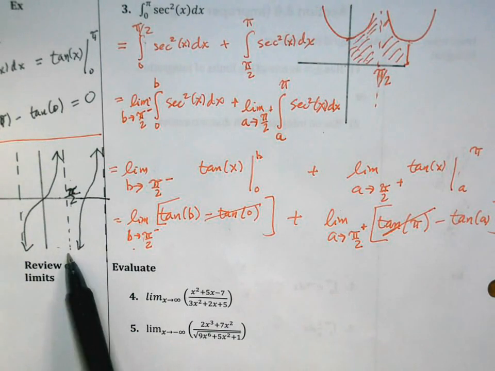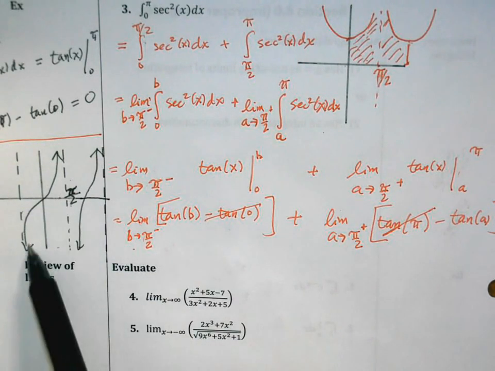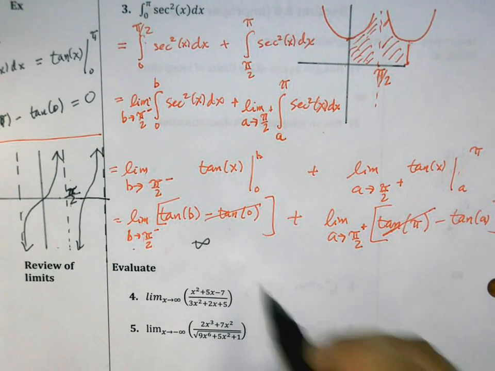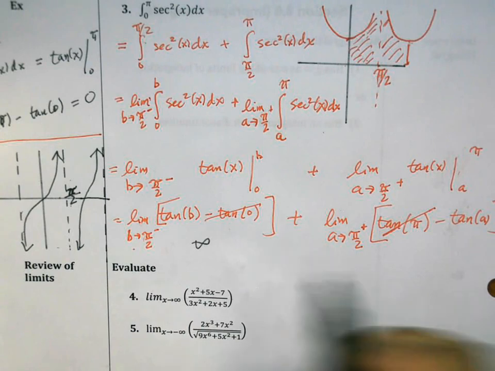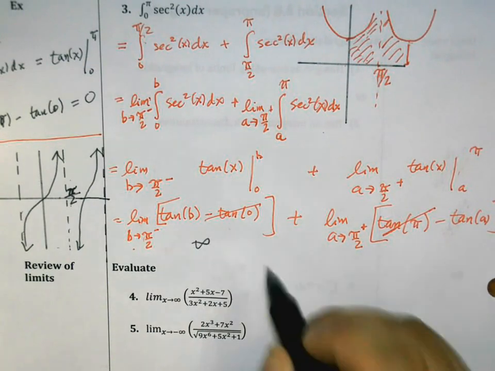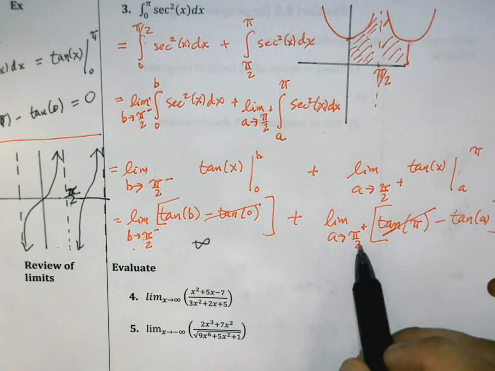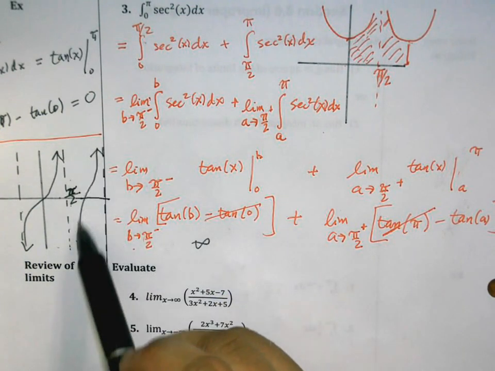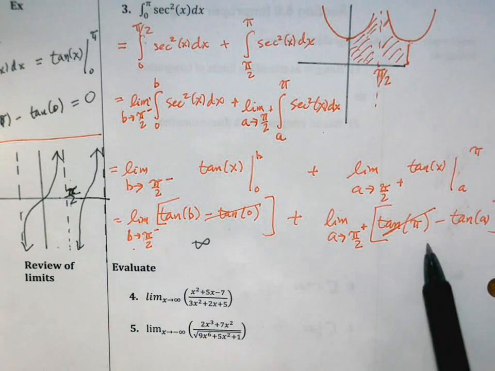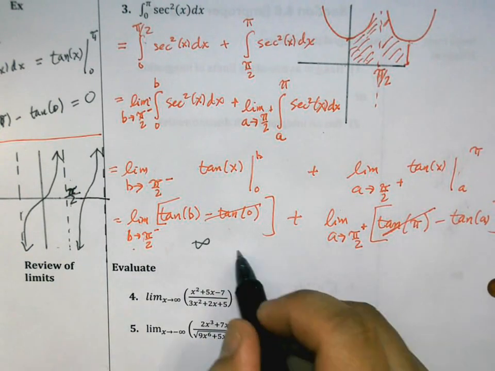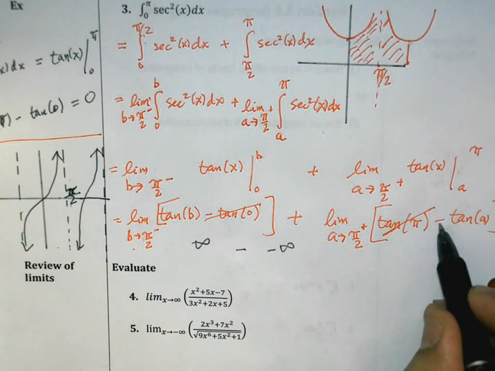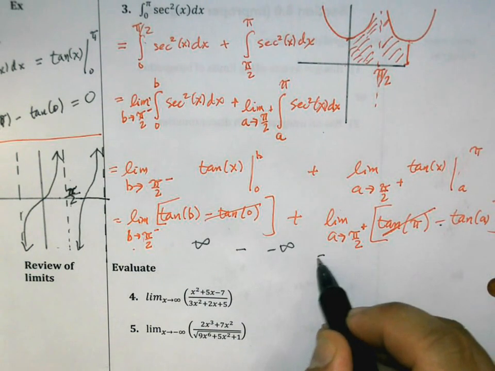And as you approach pi over 2 from the left, this goes to positive infinity. And if you approach pi over 2 from the right, it goes towards negative infinity. So over here you have a negative infinity, because you have this negative in here.